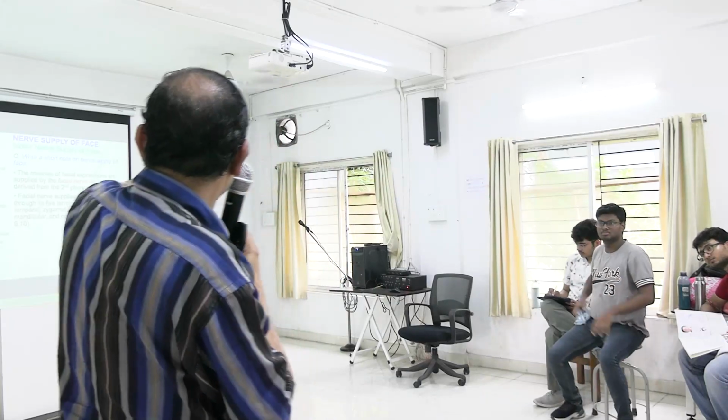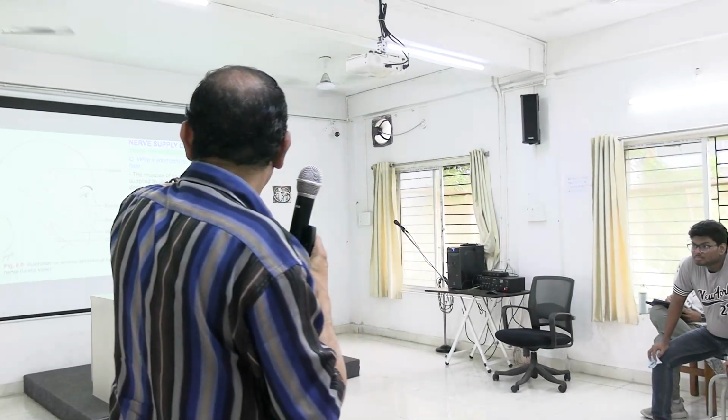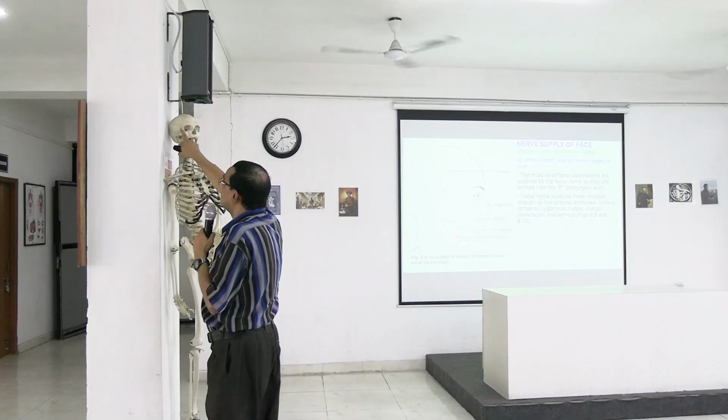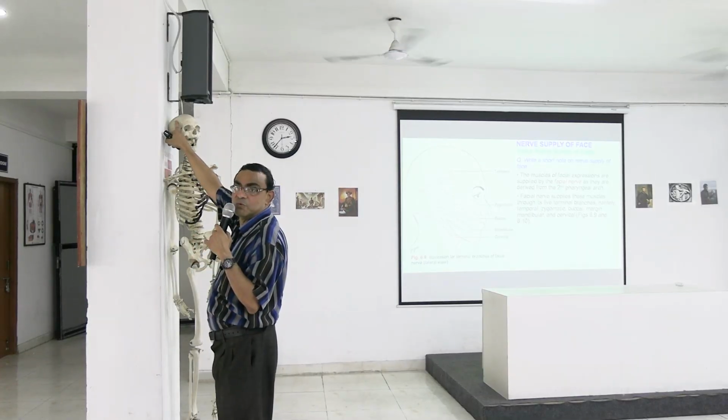This is the branch which is supplying the temporal region. Okay. It should be like this. The temporal region. So that is the temporal branch. One is going towards the zygomatic bone. This is the zygomatic bone. This is the temporal bone.